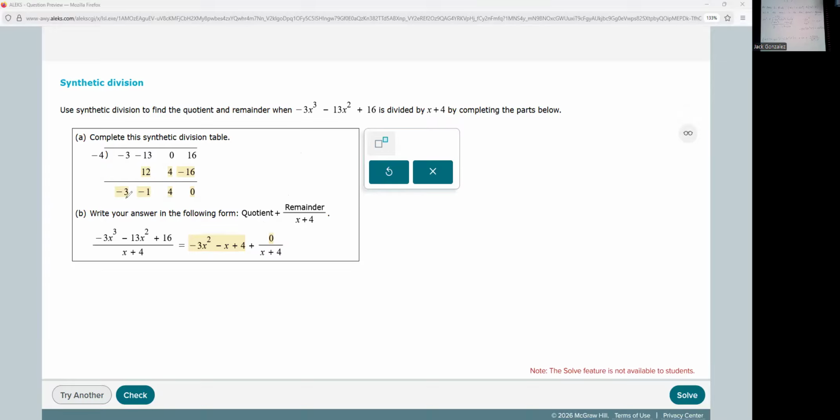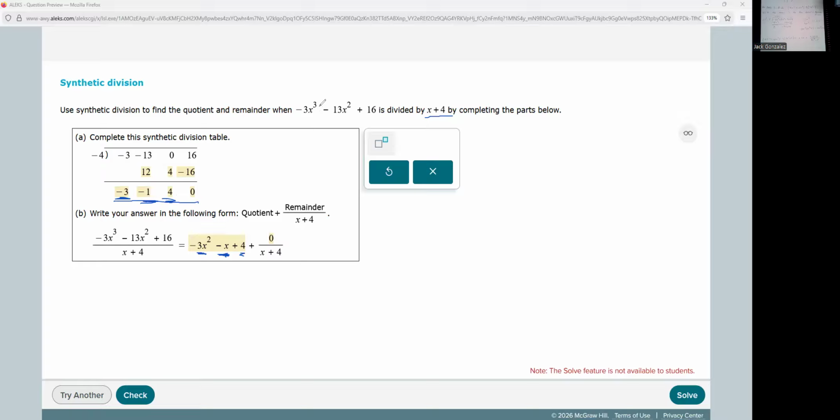So if you started with a cubic term, that's your highest power or your degree, then since I divided by a linear term, I should reduce my new solution by 1 power. So negative 3, right here, is the new coefficient of the quadratic term. Negative 1, the new coefficient of the x. Constant 4.